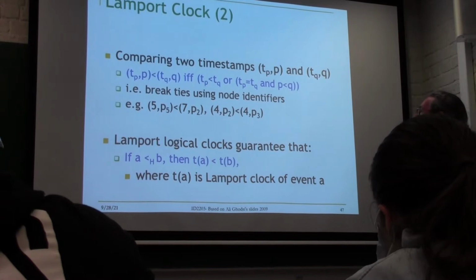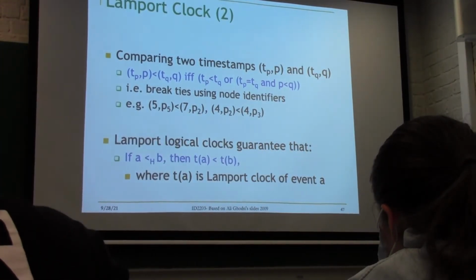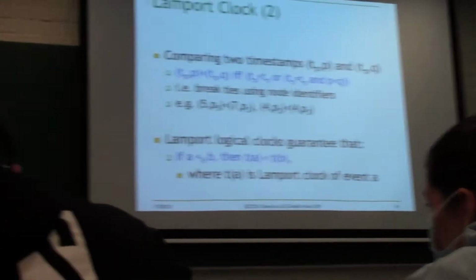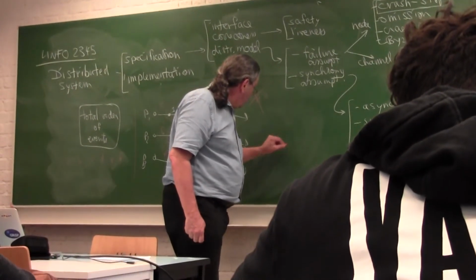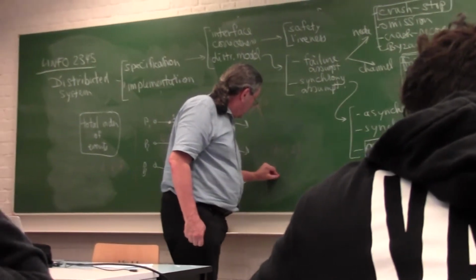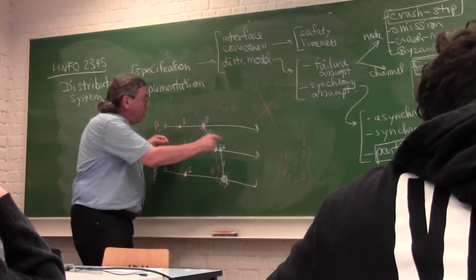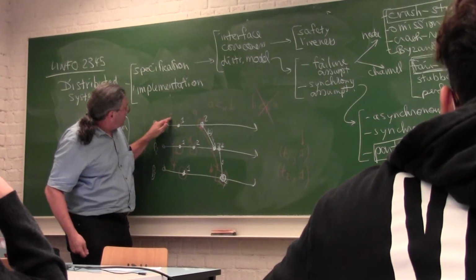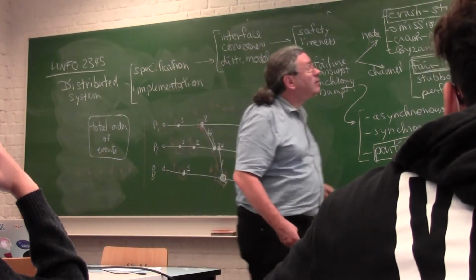It's very simple. If the two events are on the same node, then we just compare the Lamport clocks. So if we have (T1, 1) and (T2, 1), they're both on P1, so they're both on the same process, and then we just compare them. It's clear that E is before A.